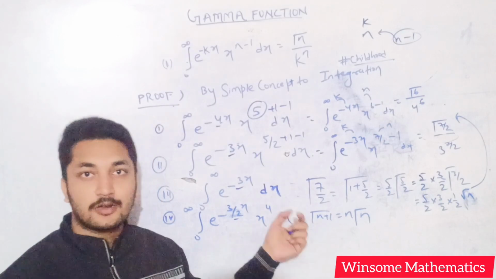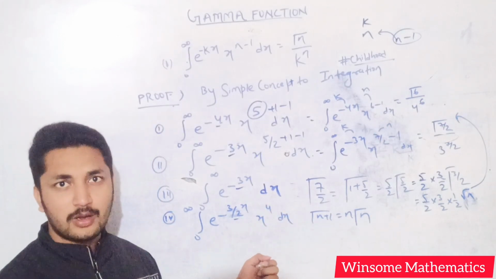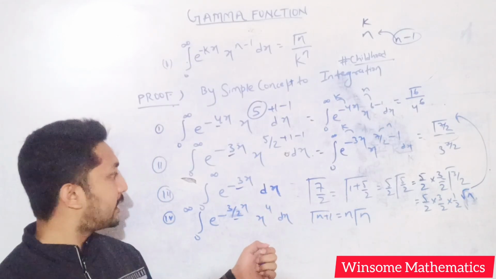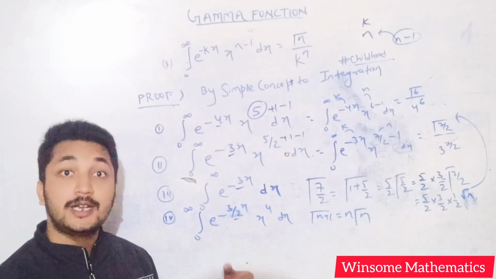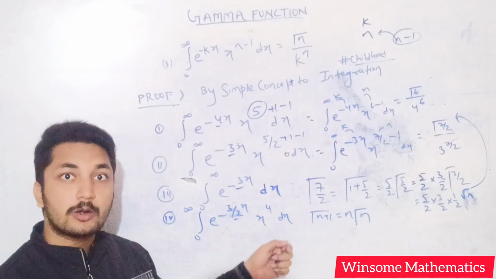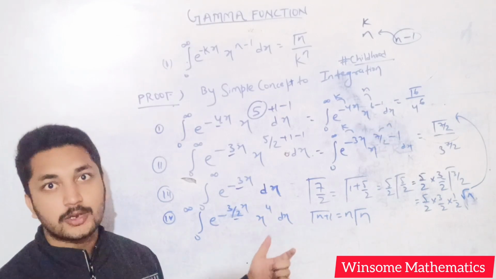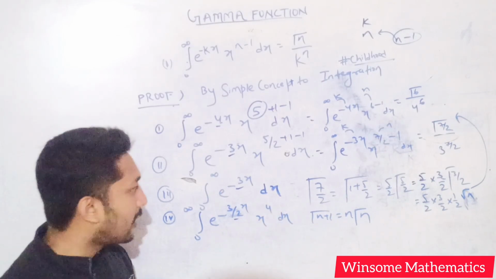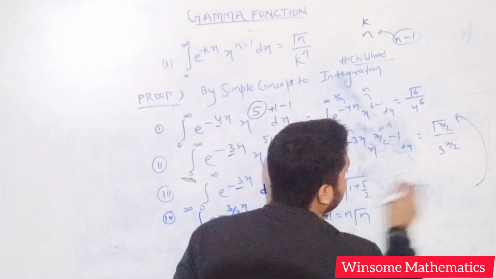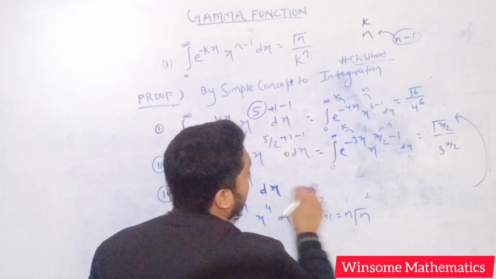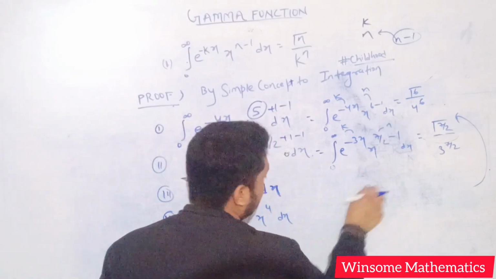Now coming to the third question, and you will see how strange, there is no power of x here. So we will create it ridiculously. Okay, because our motive is to convert it into the definition of the gamma function. Simple. So we can write it. How to write? Now think how to write x here deliberately.